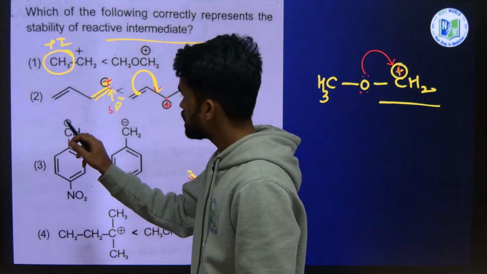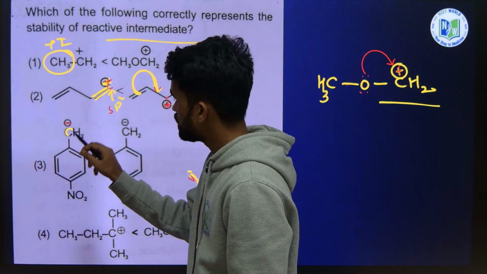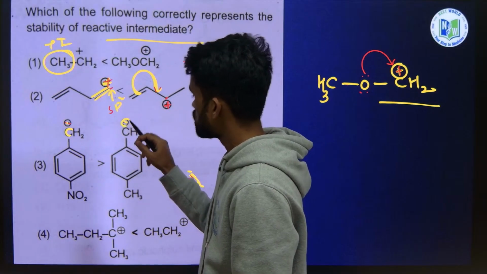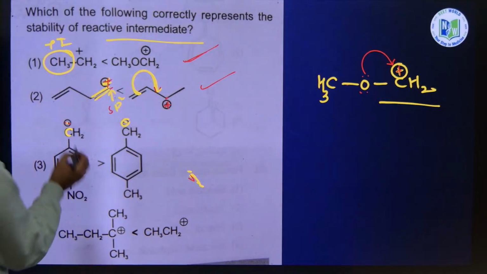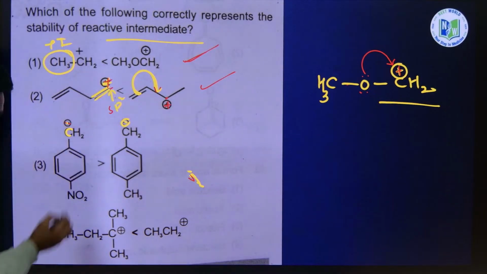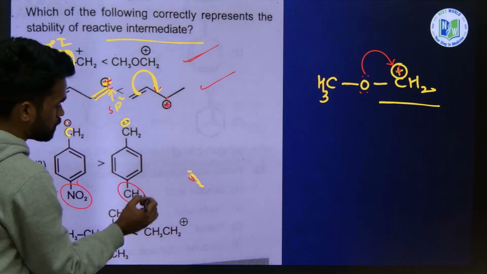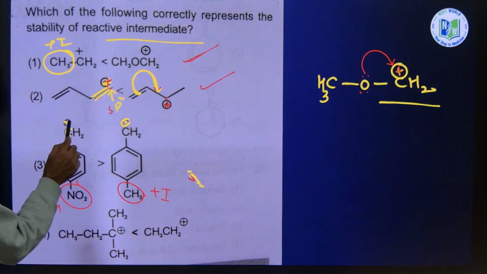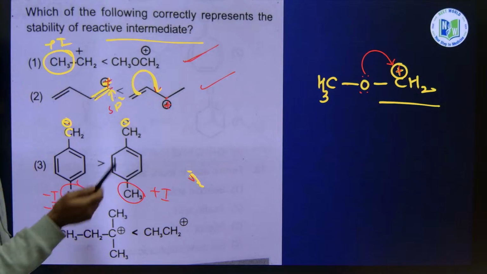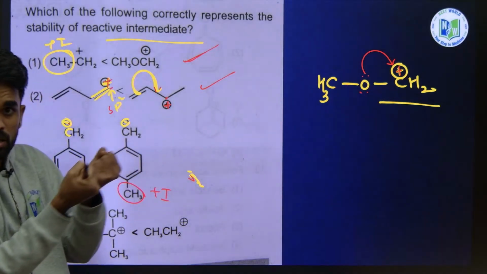And here we have carbons with negative charge. Now what kind of groups stabilize carbanions? Here we have a nitro group, which is a minus I group and minus M group, and here an alkyl group is there, which is a plus I group. Just tell me, they already have negative charges on them. Now a negative charge is stabilized by withdrawing it towards themselves, right?